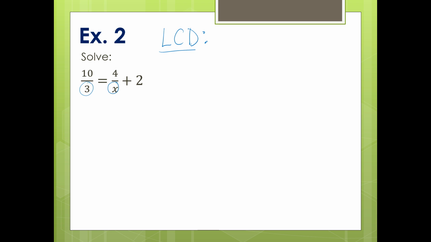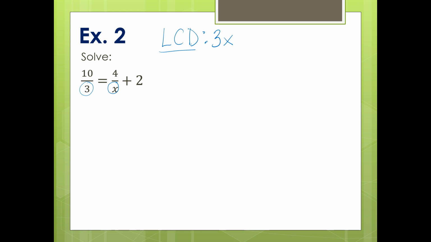If you have two things like that that are totally different, your least common denominator is those two things multiplied by each other. To get rid of the 3 and the x, you need to multiply by 3 and by x. If you multiply only by 3, the x will still be left on the bottom. If you multiply only by x, the 3 will still be left on the bottom. So you want to multiply everything by 3x.